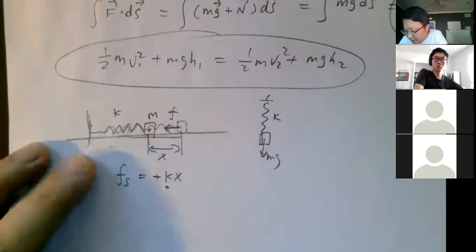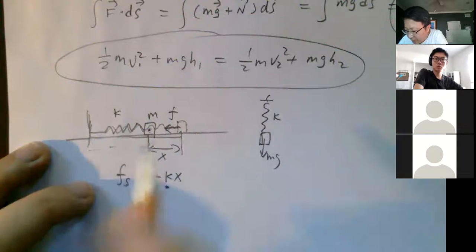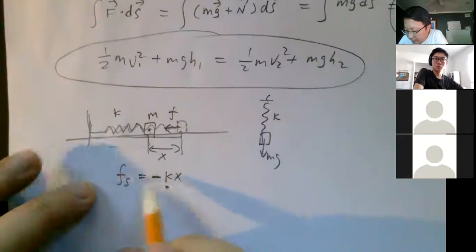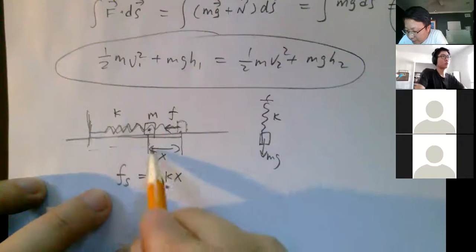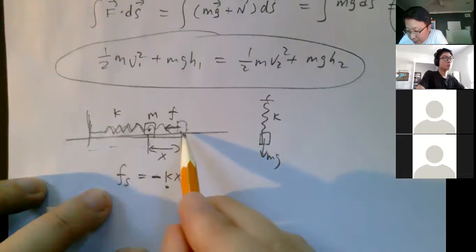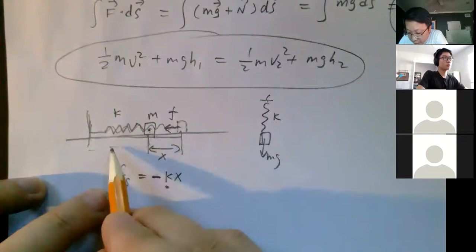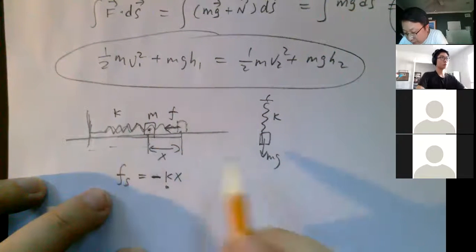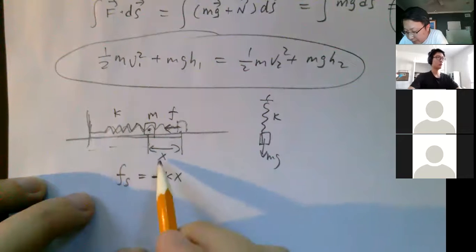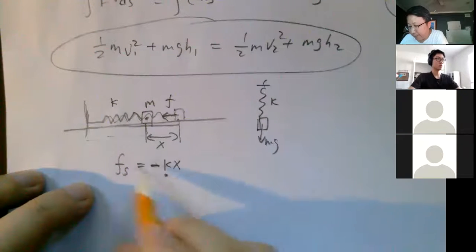Typically we use a minus sign because the force direction is always opposite: if you pull, the force pulls you back; if you push down, the force pushes you back. So the force direction is different from your x direction. Okay, so that's the formula.